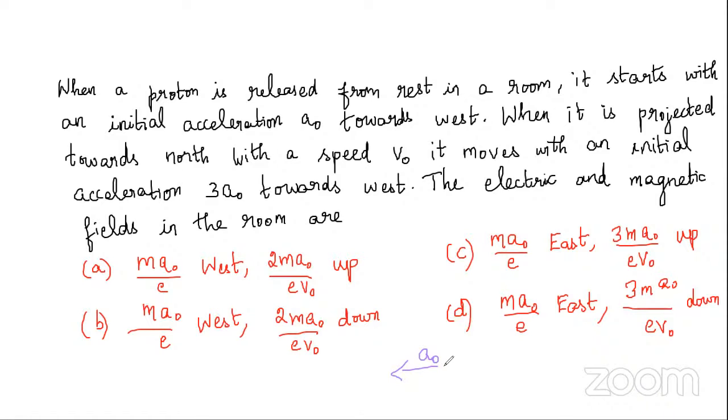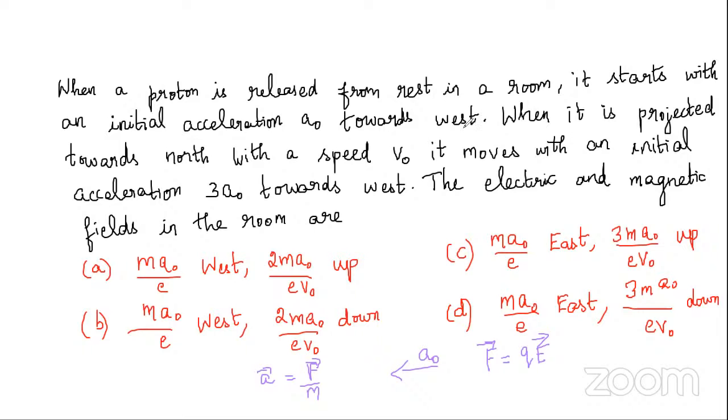That means it has some electric field, because the force acting on a charged particle in an electric field is F equal to q into E. When the charged particle is positively charged, the electric field and the force are in the same direction, and the force experienced is in the same direction as the electric field. When the force is in the same direction as the electric field, the acceleration of that particle is also in the same direction, that is a equal to F by m. Here the proton is moving towards west. Proton is a positively charged particle.